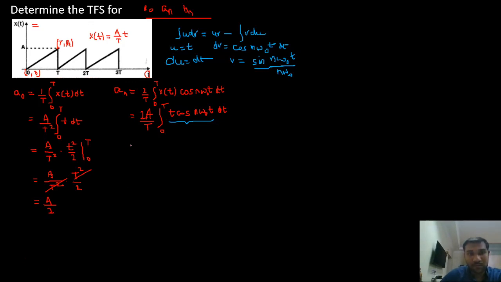So substituting these values here, I'll get An is equal to 2A by T. Now uv, what is u? u is t and v is sine n omega naught t divided by n omega naught.